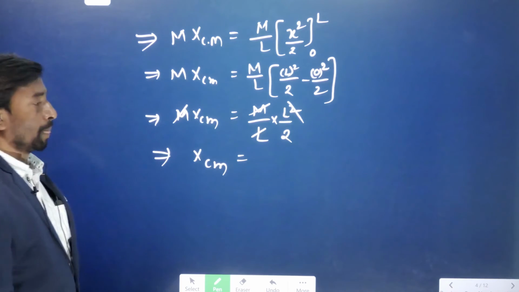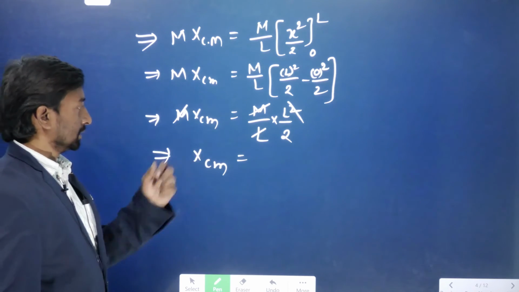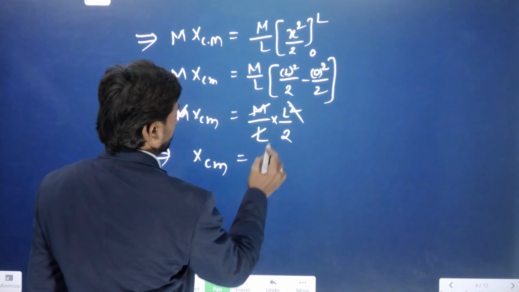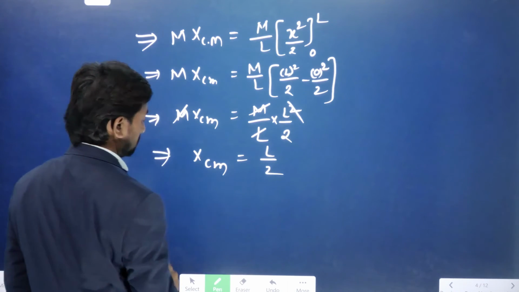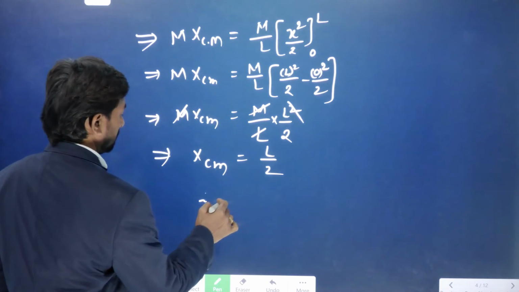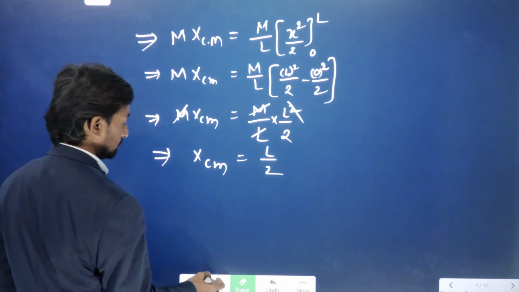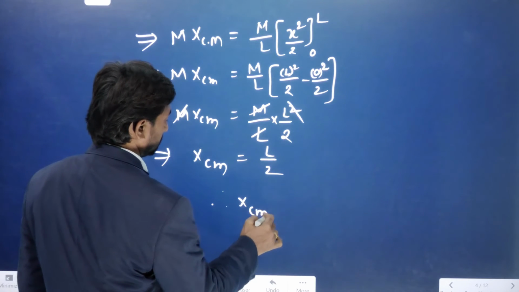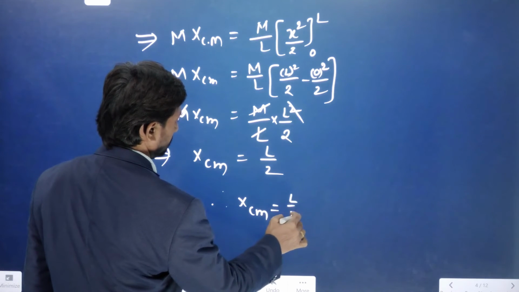Remaining is x_cm, that is equal to L by 2.